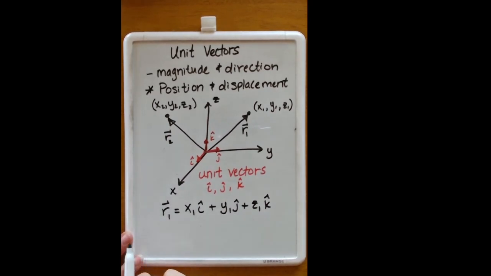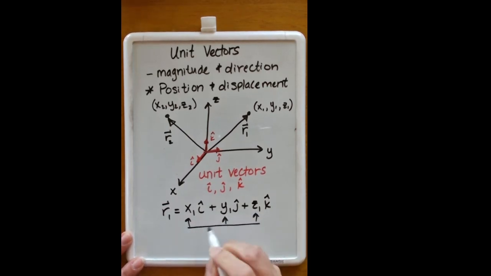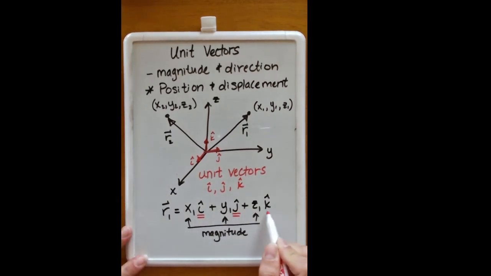So because R1 is a vector, it has to have magnitude and direction. So the magnitude is our x, y, and z components. That gives us the magnitude. And then the vector portion is our unit vector. So the i, j, and k hat gives us the direction portion. So that is how we would write a vector in our three-dimensional space.